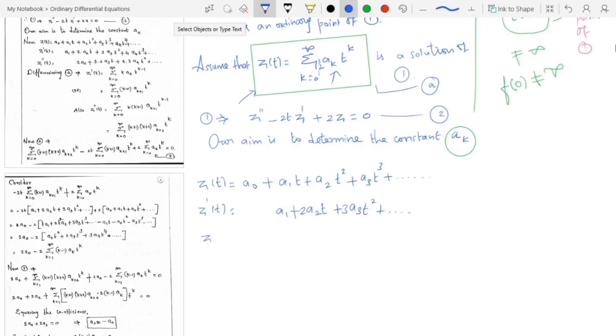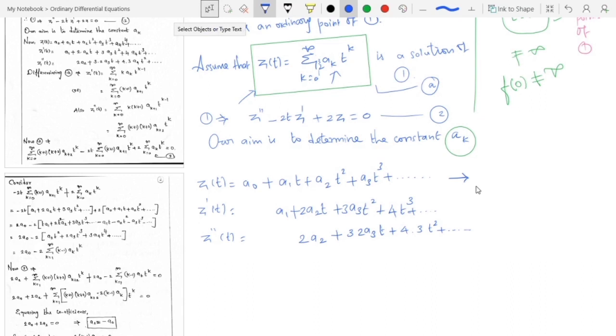Again differentiating, z double dash of t: a_1 is a constant so 0, 2 a_2, differentiating t with respect to t gives 1, plus 3 a_3 times 2t, plus and so on.